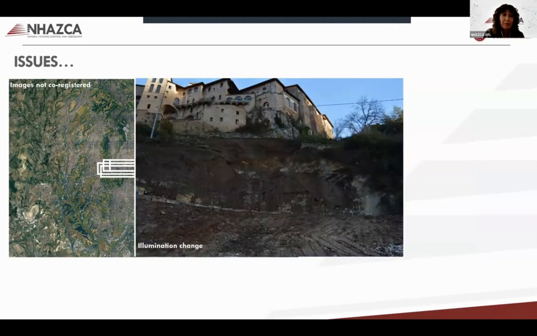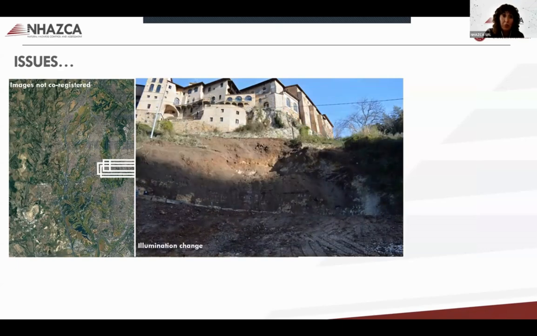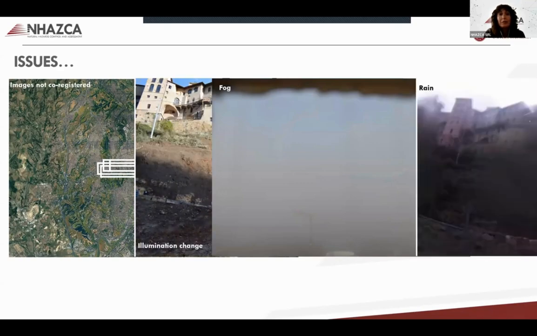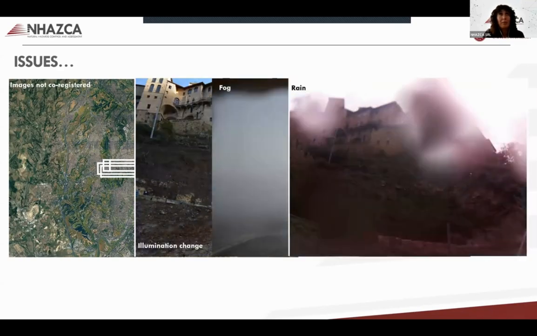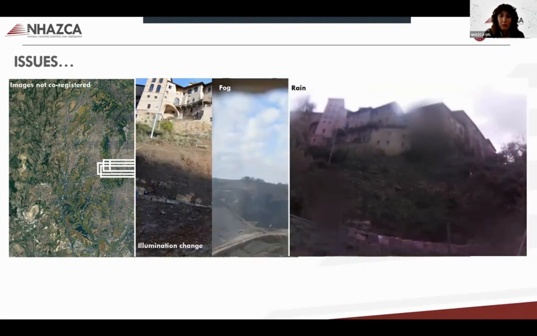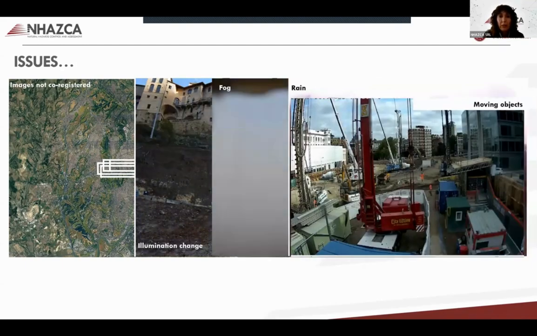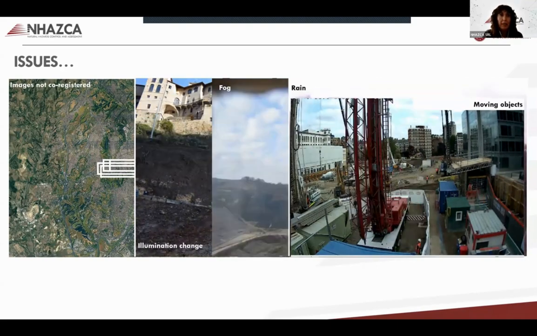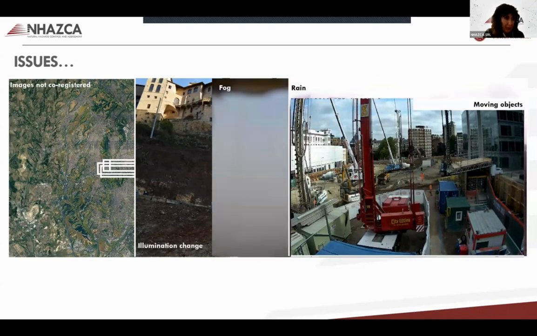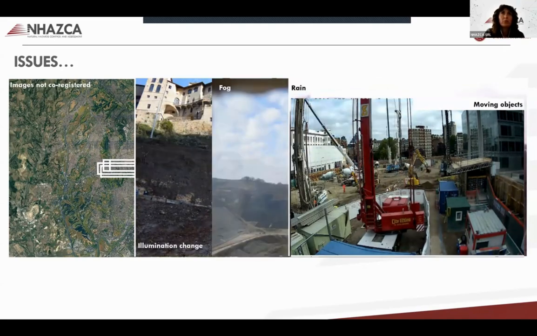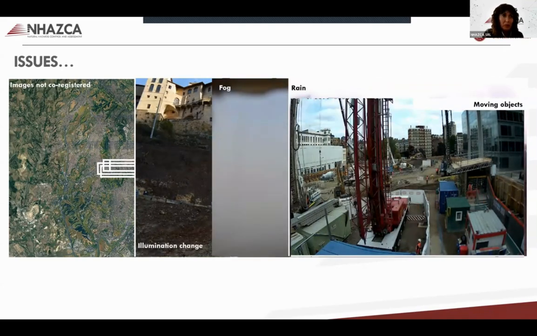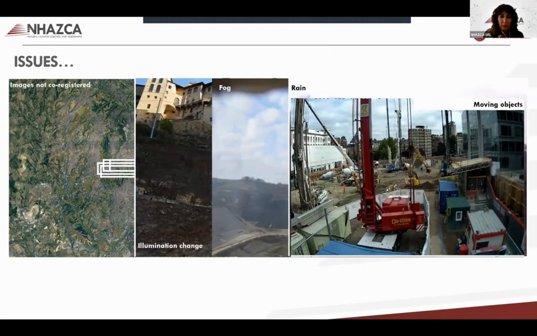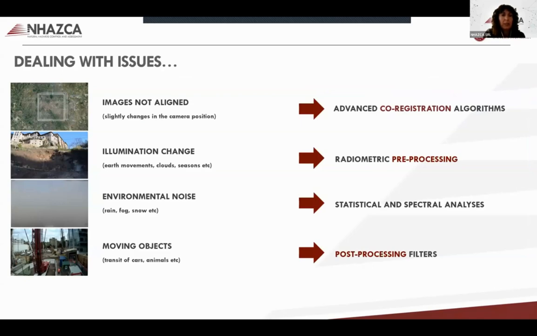We can have differences in illumination between one image and another, and different environmental problems like rain, fog, clouds, but also moving objects. What do we mean? We mean objects in the view that we are analyzing but that we are not interested in, like vehicles or animals, people that move, and we need to mask them to avoid the noise.